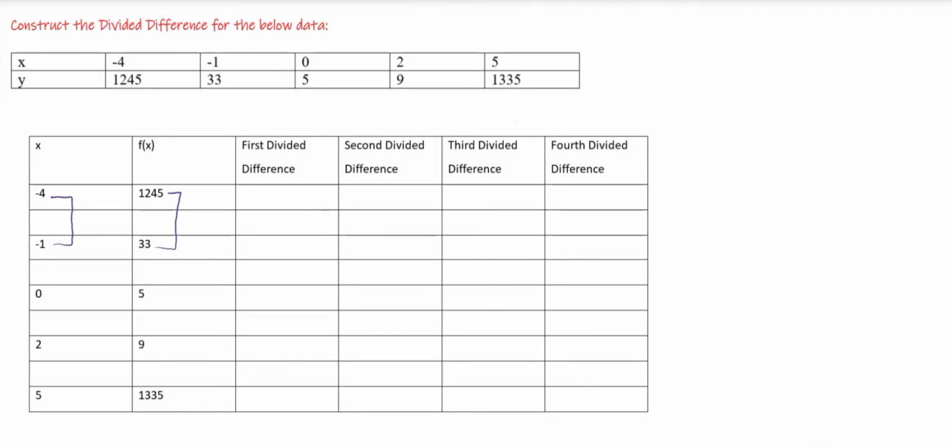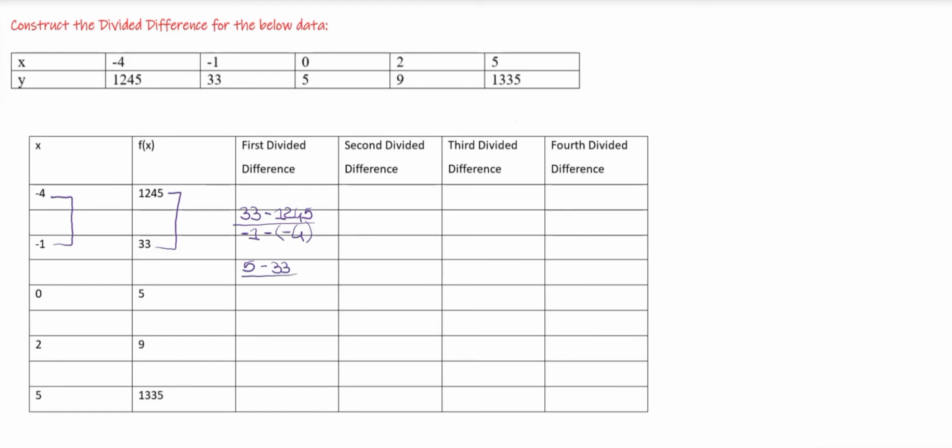Now how do we take the difference? The numerator will be the difference of the values in f of x, that is 33 minus 1245. The denominator will be the difference of the values of x. So it will be minus 1 minus minus 4. This is for the first divided difference.